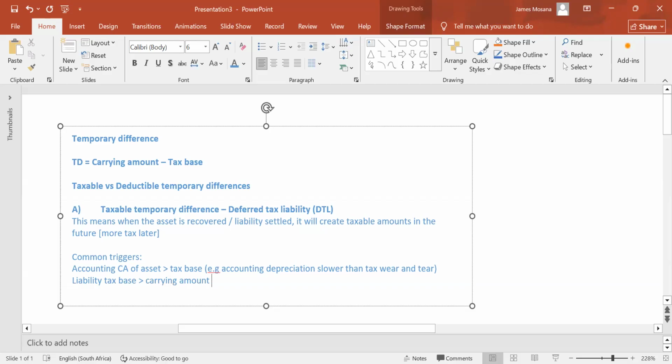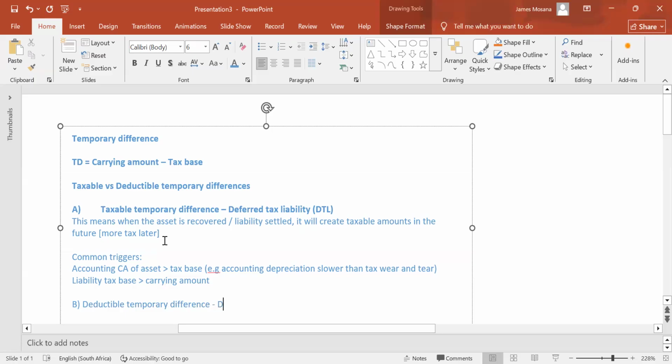Now, we also have B. Now, B, we are talking about deductible temporary differences.